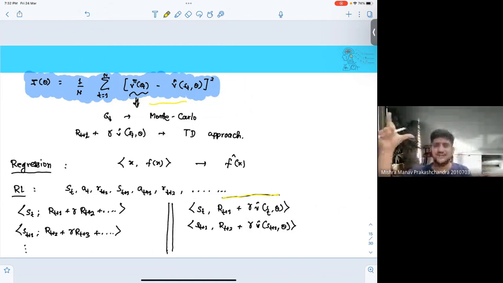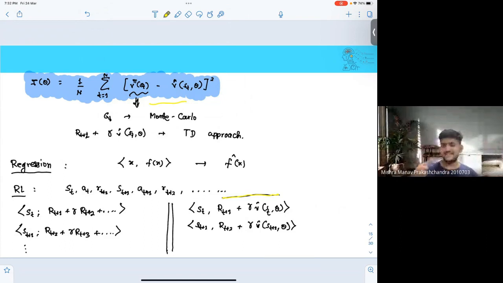So one way to fix this moving target issue is that whenever we update the value functions over here, we don't update it for the target. So we keep the target fixed for certain time steps. We update the value functions for the current estimate, and the target is also updated, but the frequency of target update is much lower than the frequency of update of the current estimate.